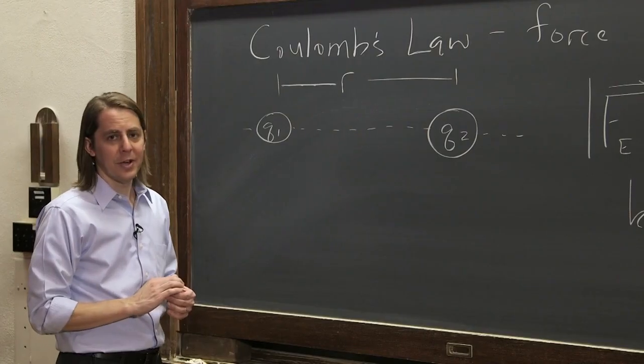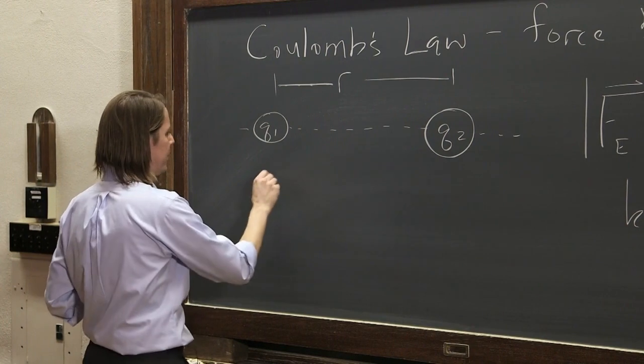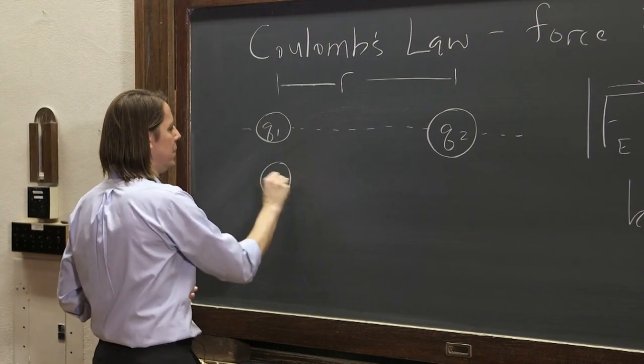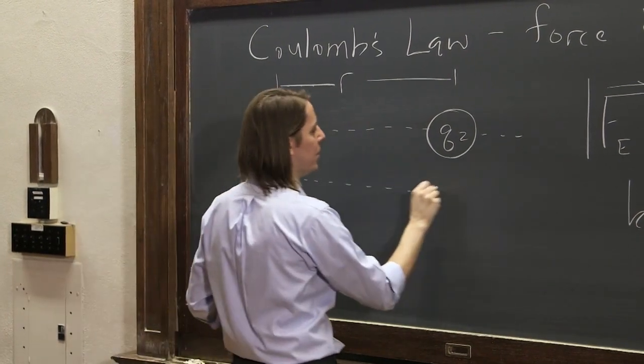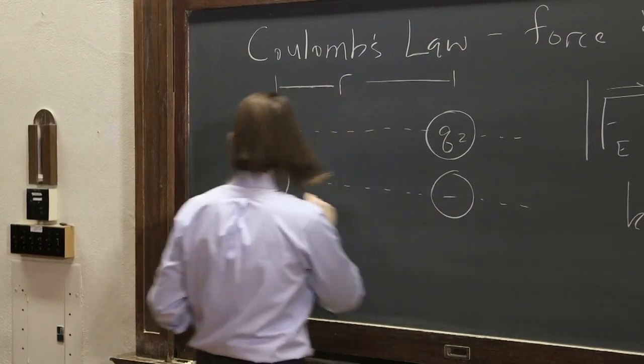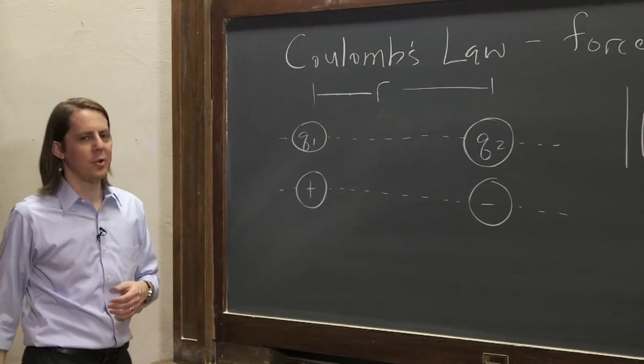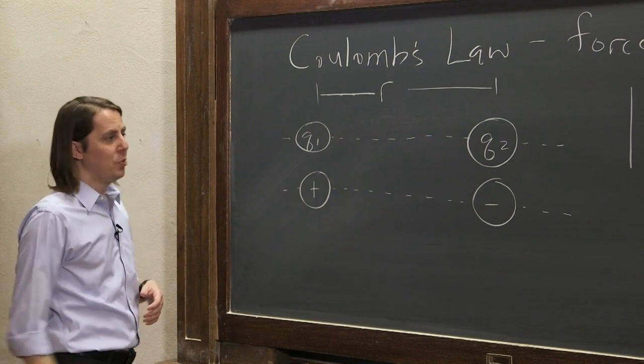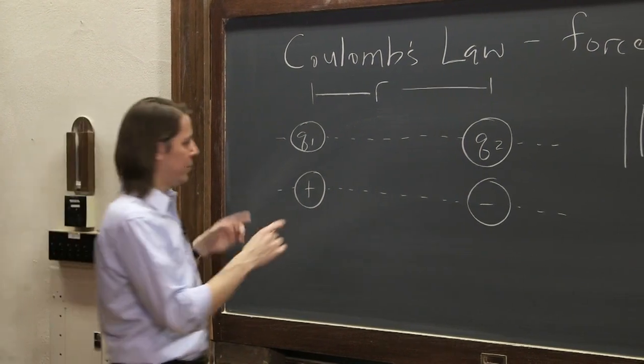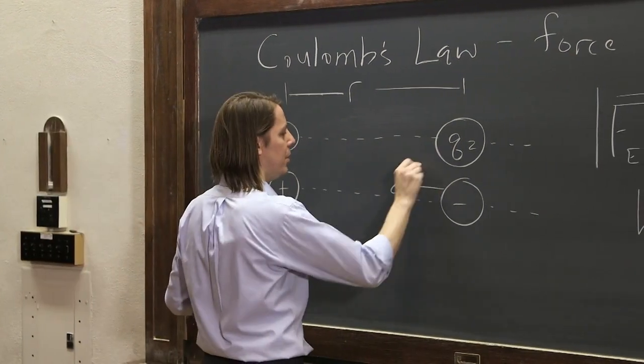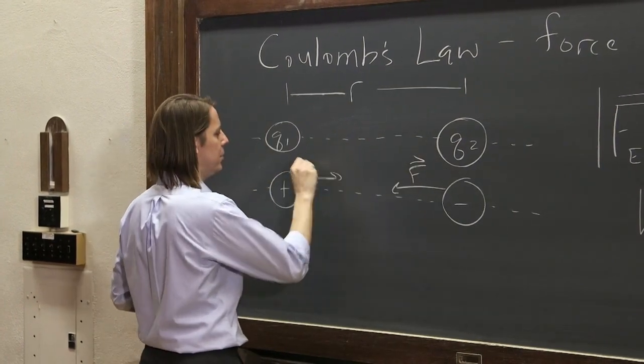We can also think about the direction. So this magnitude doesn't tell us the direction at all, but if we start to put actual charges in, or the polarity of the charges, plus and minus, then we can start to know which way the force goes. So without vectors, we just have to state it. When the charges are opposite, the force is attractive.